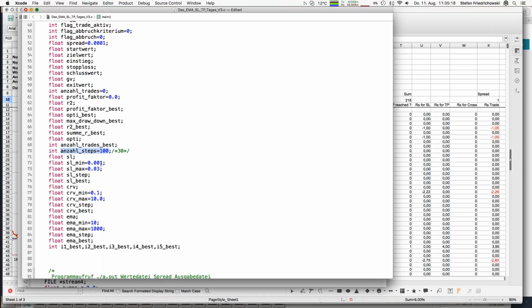So I have 100 different values for stop loss, 100 different values for risk-reward ratio, and 100 different values for EMA. That means in total I will calculate 1 million different equity curves. So the task now here is find good results in those 1 million different equity curves.